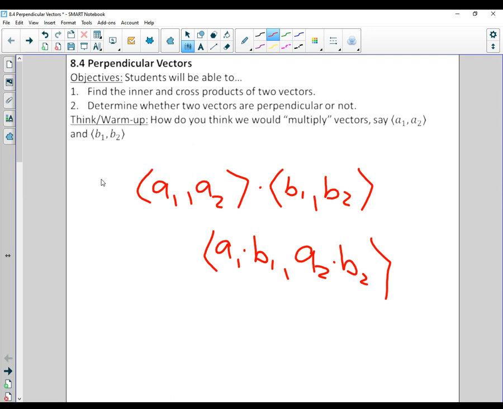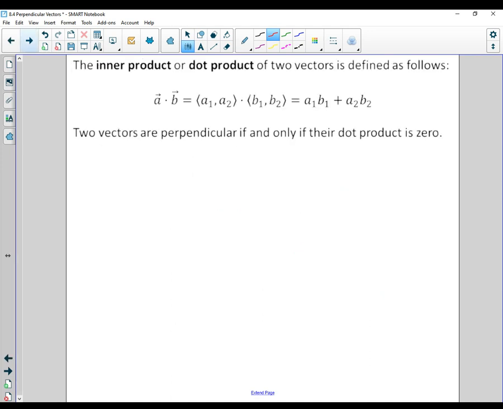There's actually a couple different ways to multiply vectors, and it's like that. It is kind of what I just wrote, right? You times A1, the first one with the first one, and the second one with the second one, except notice, is this a vector?